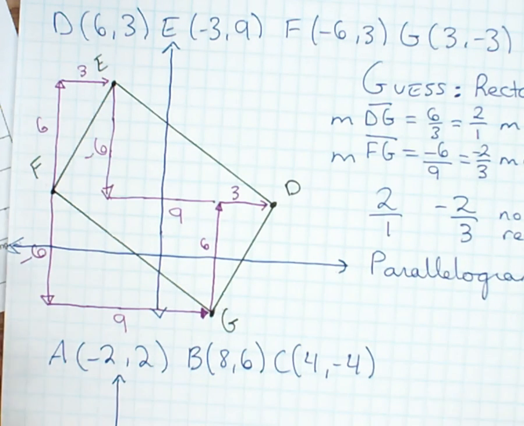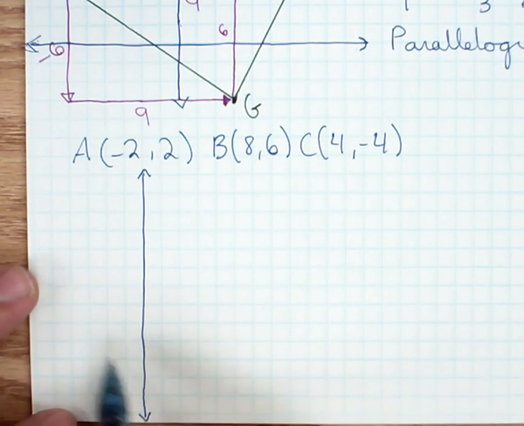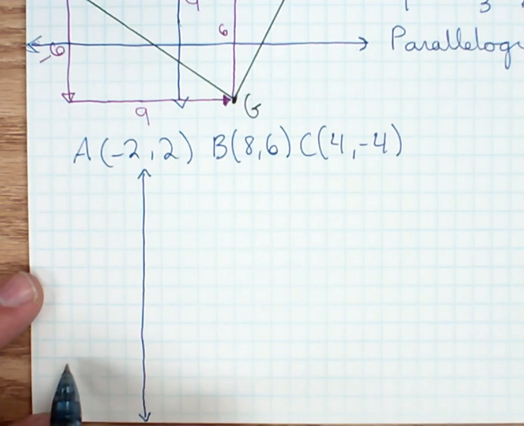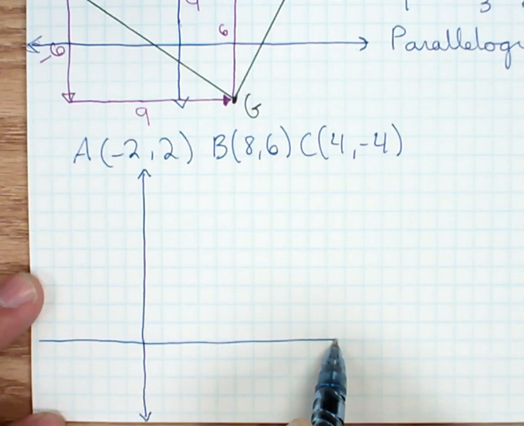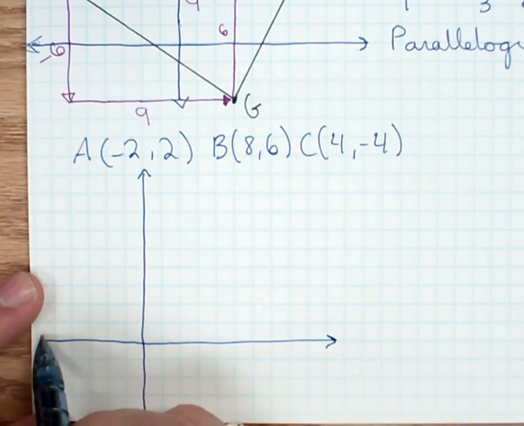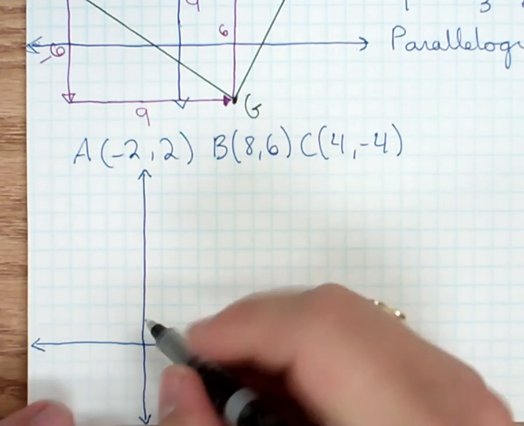Okay, so now we're dealing down here. Okay, so point A, (-2, 2).